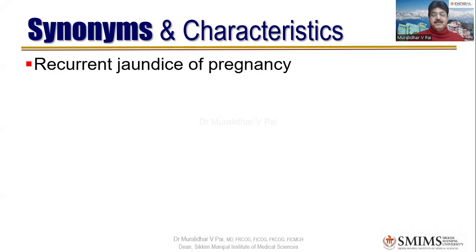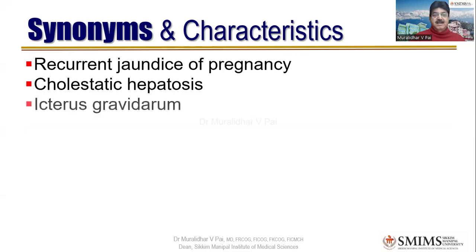But whatever it is, it definitely bothers the patient. Recurrent jaundice of pregnancy is a synonymous term. Cholestatic hepatosis is another term, and icterus gravidarum. Of course, icterus gravidarum is very obvious. Icterus means jaundice. Gravidarum is during pregnancy.